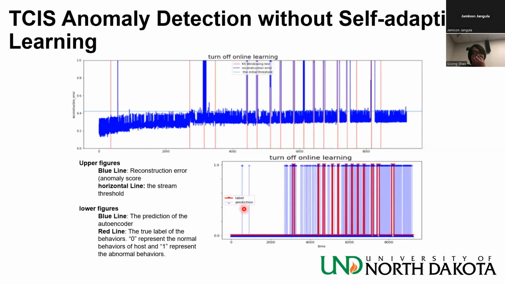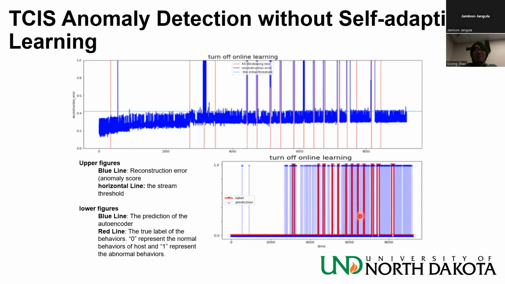As you can see, in the normal operation stage the system is still okay, but after the attack appeared, it started to confuse normal and abnormal behavior. There are a lot of false positives here, false positive and false positive. So after the attack launched, it almost cannot distinguish between normal and abnormal. And here we monitor data over 10 hours.